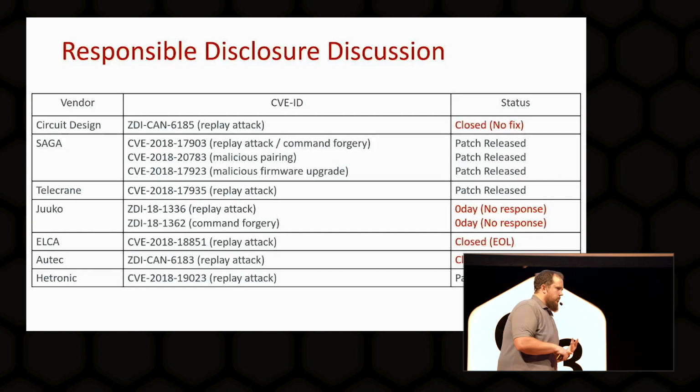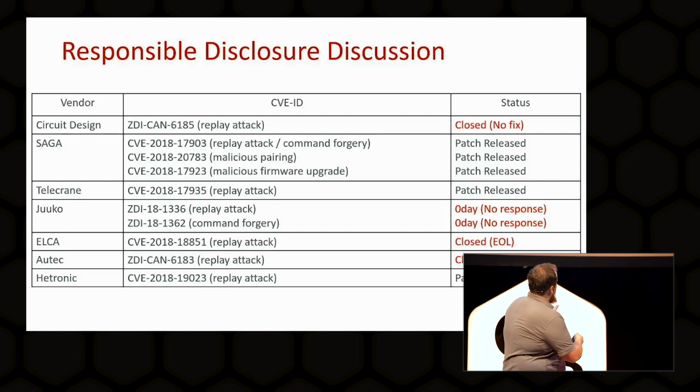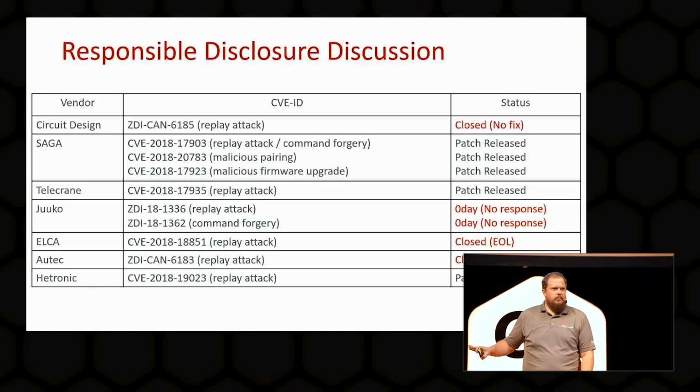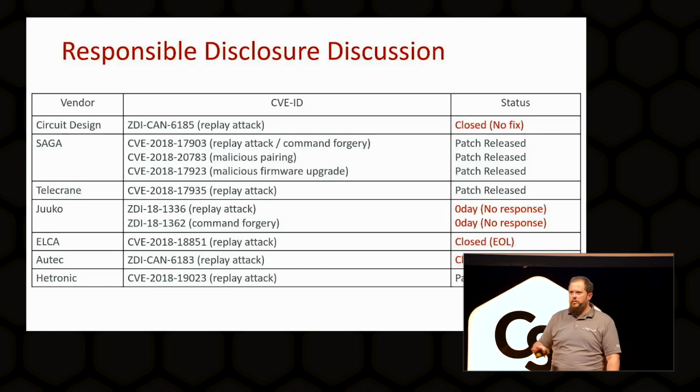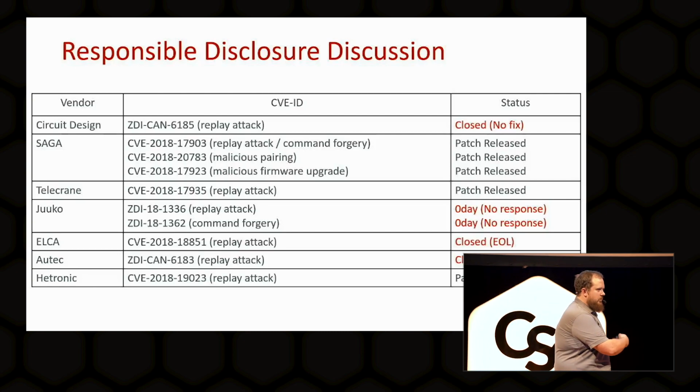One of the things that also bothered me about this, and I don't know if anyone else knows this, is that this company said that one product was end of life, therefore the vulnerability is closed. No one will look into it, no one will talk about it. We tried to have conversations with them, going, we know it's end of life, but we saw these in real use still out there.